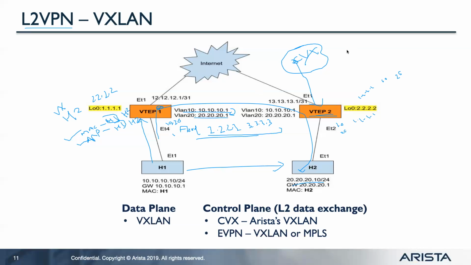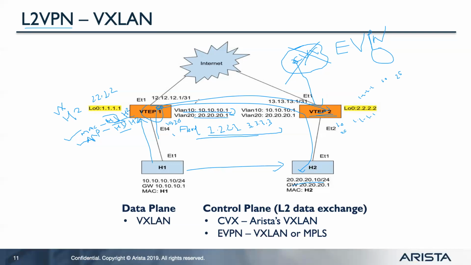Now, CVX is proprietary, so not all vendors will support it, and it also requires different devices, appliances, or ESXi servers. What we want to achieve is the same thing through EVPN. We want to advertise this MAC information and ARP information from one VTEP to another VTEP, and also the flood information.